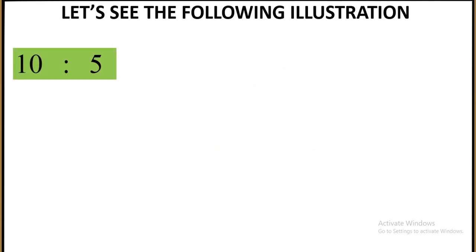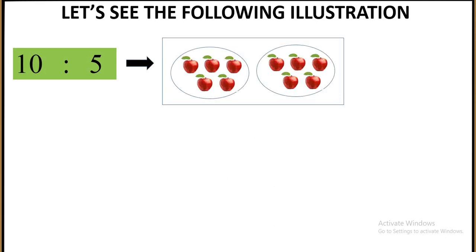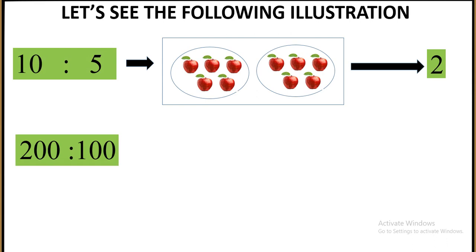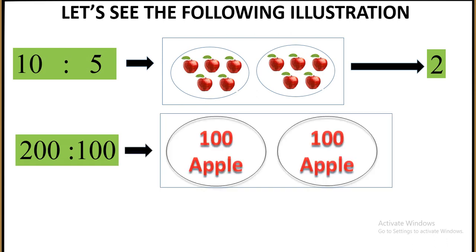Let's see another illustration. 10 divided by 5 is 2, but 200 divided by 100, in this case 100 apples grouped into 2 groups, so the result is also 2. 200 divided by 100 is also 2.